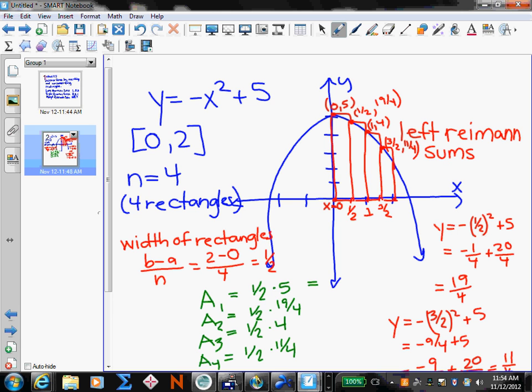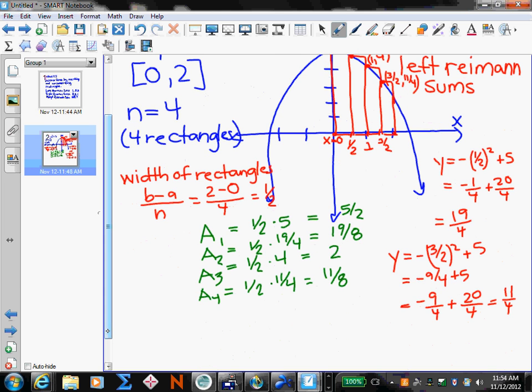And then from here, I am just number crunching. So I have 5 halves, 19/8, 2, and 11/8. So what I like to do is change these all into 8s and add them up. If I change 5 halves into 8s, I get 20/8. I already have 19/8.